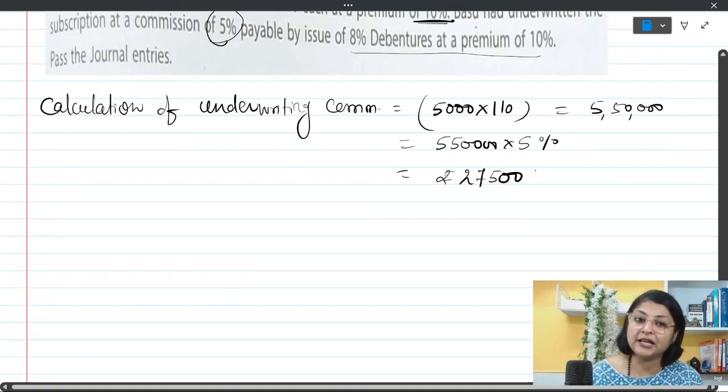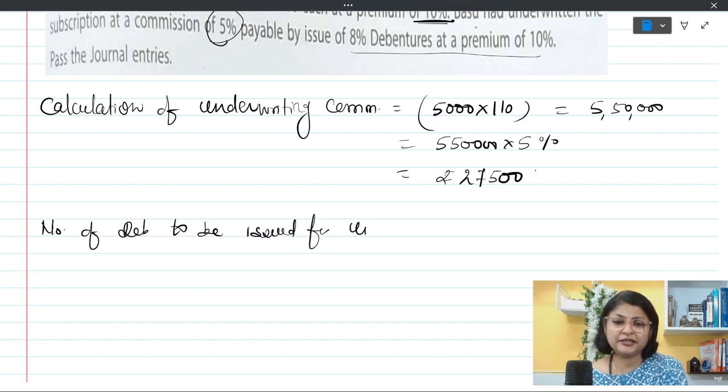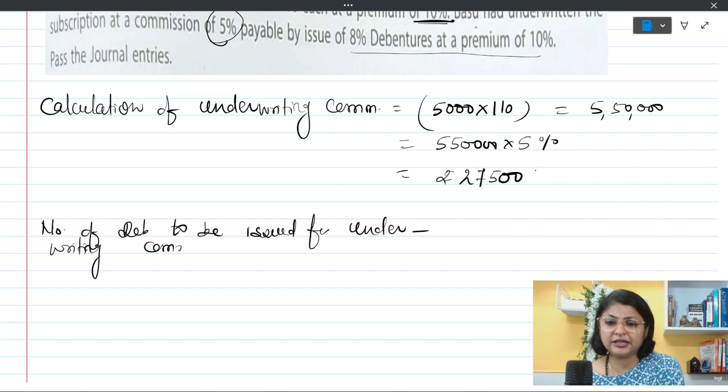Now when we discharge this underwriting commission, they are saying that it will be given to him at 10% premium. So number of debentures to be issued for underwriting commission will be the same formula we had used earlier.